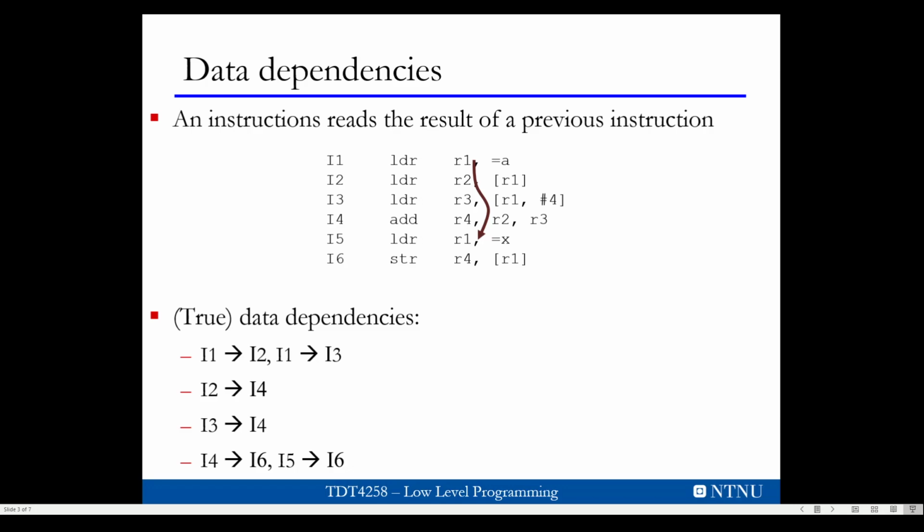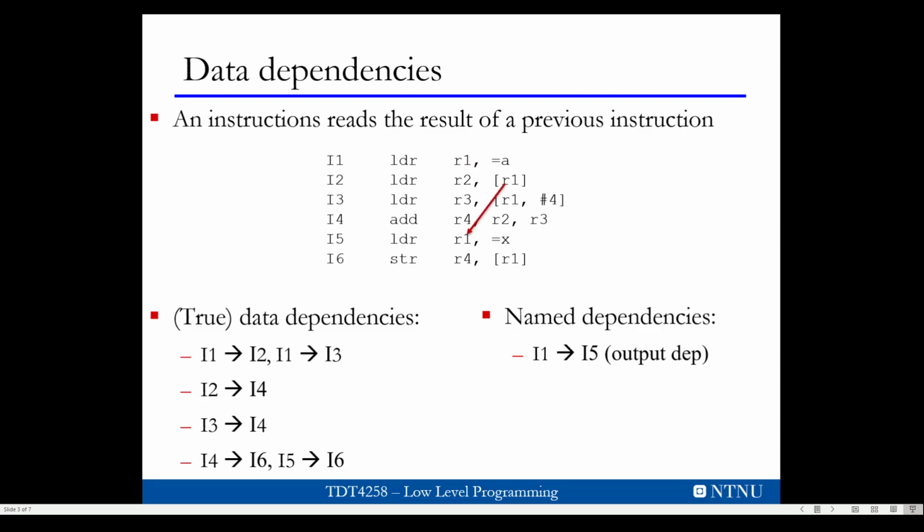This kind of dependency where there is no data movement between instructions, but you still cannot reorder them because it would lead to wrong execution, is called a named dependency or false dependency. In this particular case, both I1 and I5 are writing their result to the same register. And this is why we cannot reorder them. Since this is their output register, they are called output dependence.